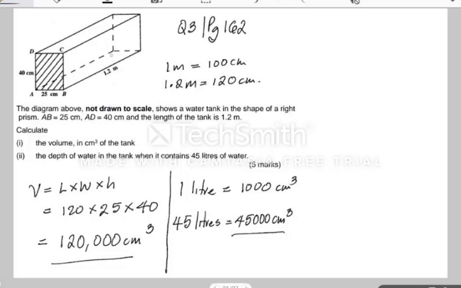So let's illustrate what's happening. Somebody pours some water in this tank, and this dimension here, height, would be the height of water in the tank or the depth of water in the tank.